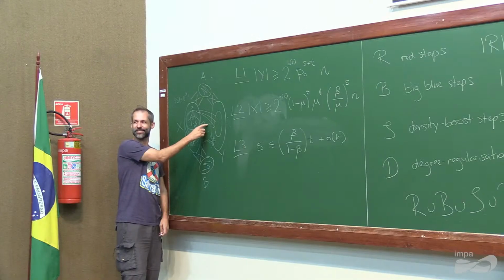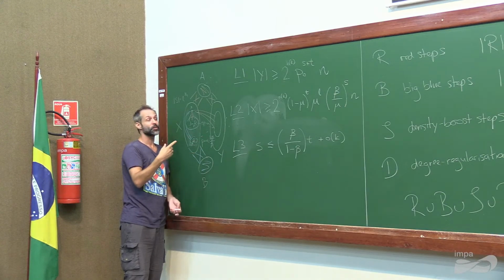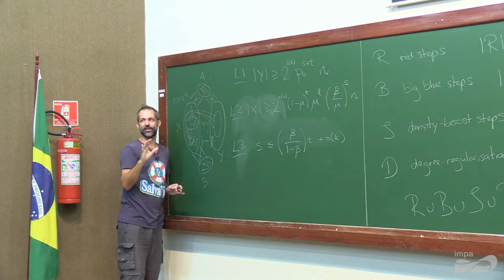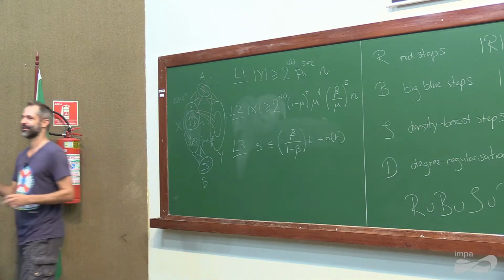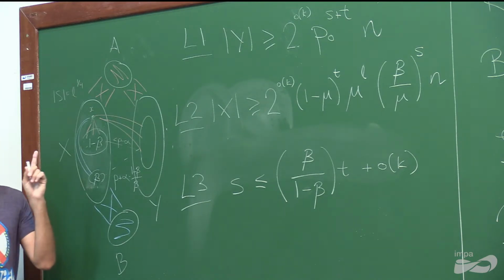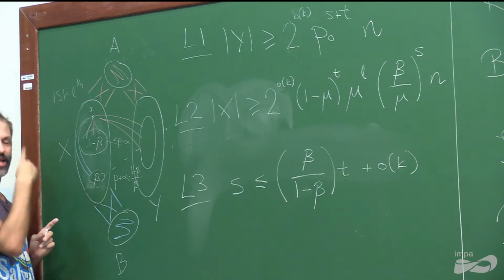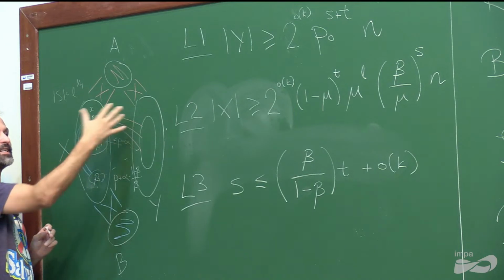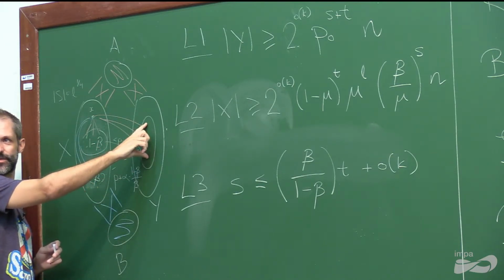Because the red density went down here, so it must go up there. It's not quite so immediate, because we avoid the vertices which are bad, but their number is small because we were not able to do the blue step. So there's a subtlety that p is the density to the whole of Y, and we're going to this subset of Y.